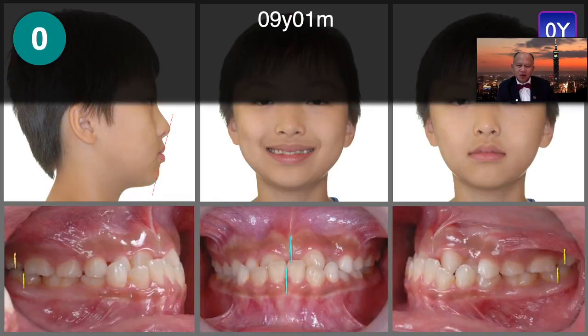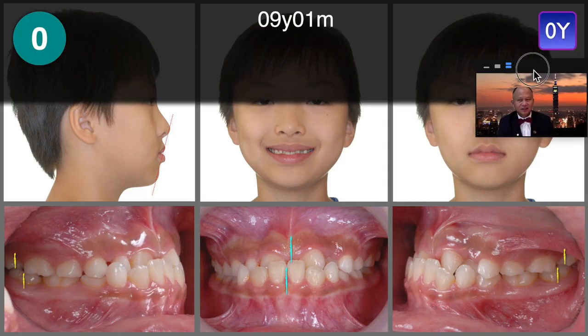this is how he looked 6 years ago when he first visited our office. So I mark it year 0. That's the start point when I started to look at this case.